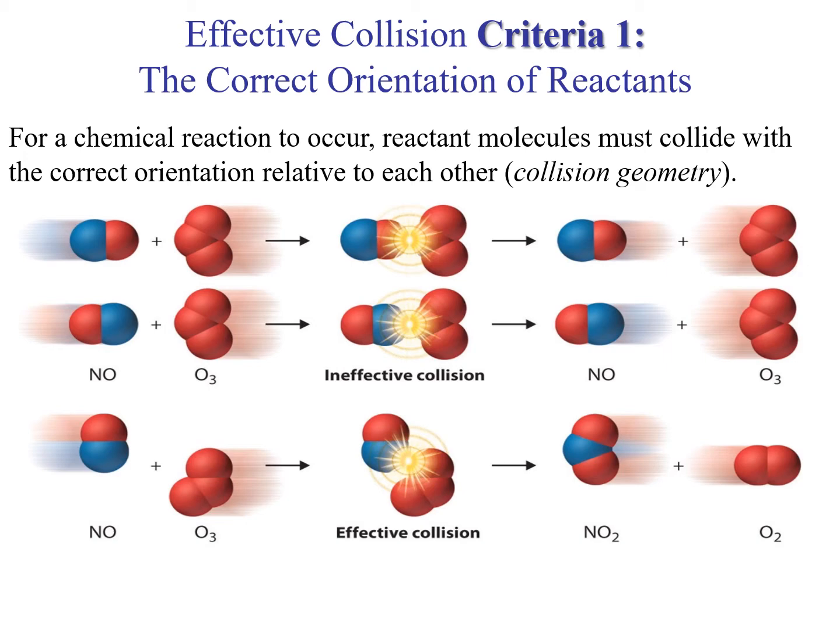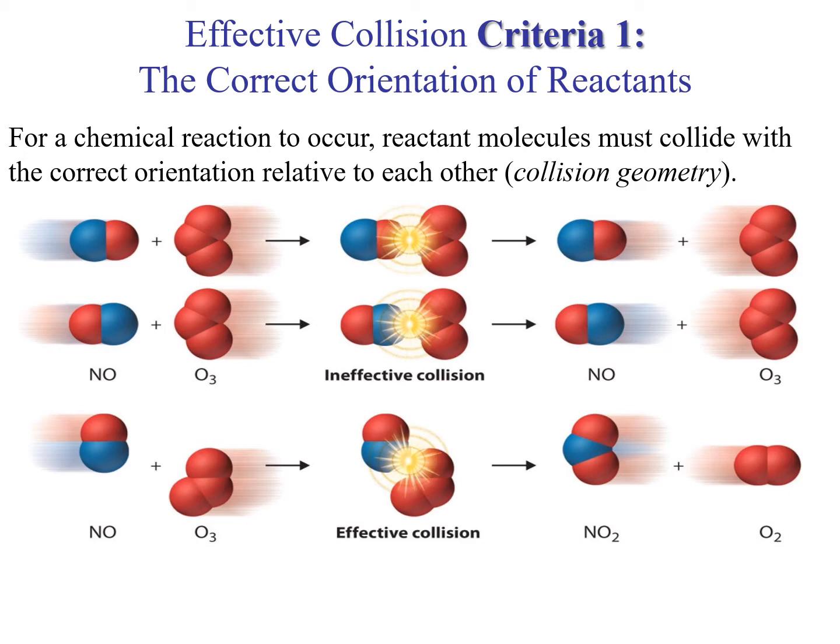In the first collision shown on the top going across, nitrogen monoxide and ozone are on a collision course with each other. However, the orientation of the molecules is such that they essentially bounce off each other and do not react. The collision is ineffective. The same happens in the second middle collision. The collision is ineffective because the molecules are not ideally aligned and therefore cannot react with each other.